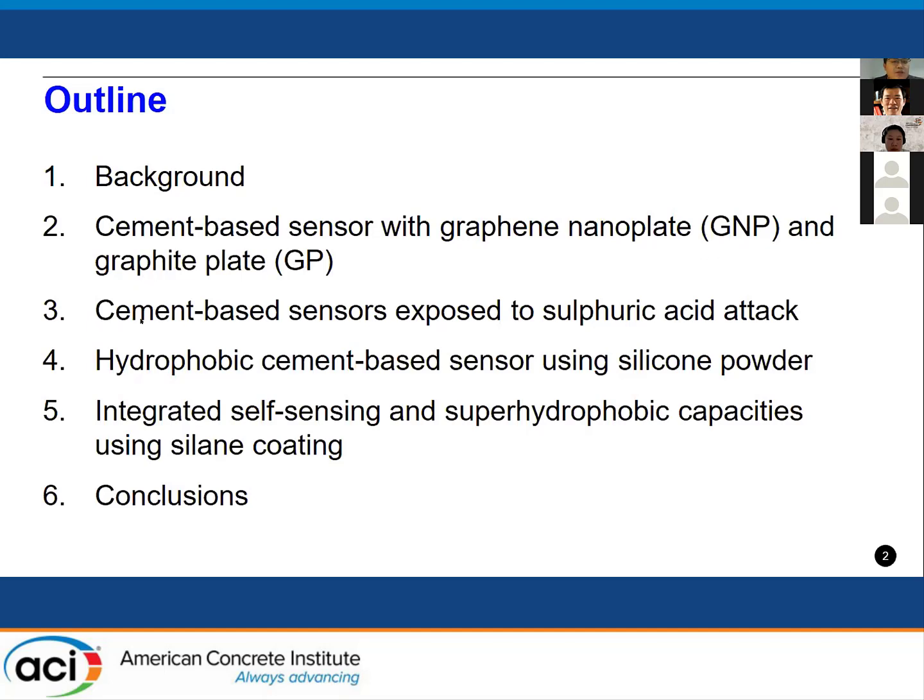Then I will discuss cement-based sensors exposed to sulfuric acid attacks. Next, we will talk about the development of hydrophobic cement-based sensors using silicon powder. And finally, I will discuss the integrated self-sensing and hydrophobic capacities using CNAM coating for graphene cement-based sensors.